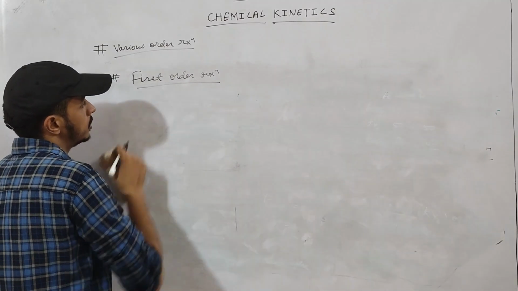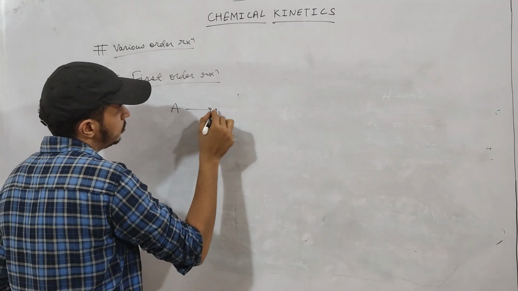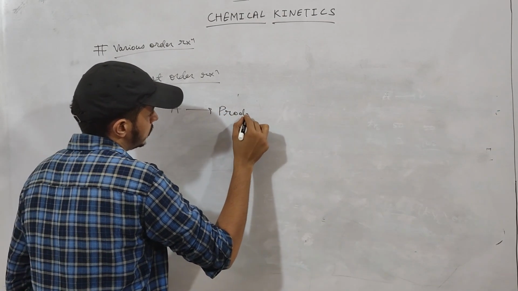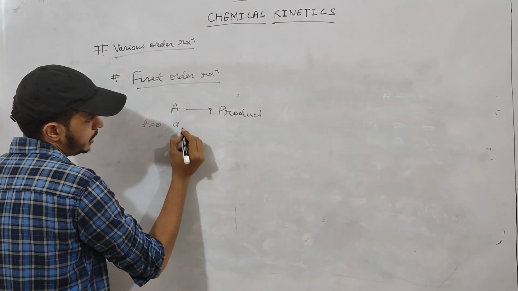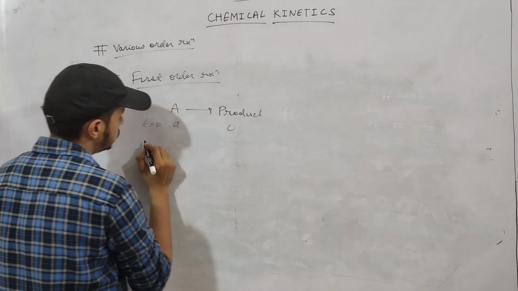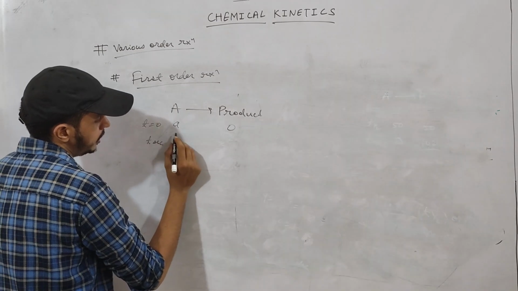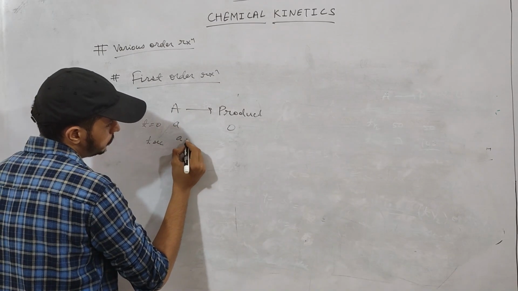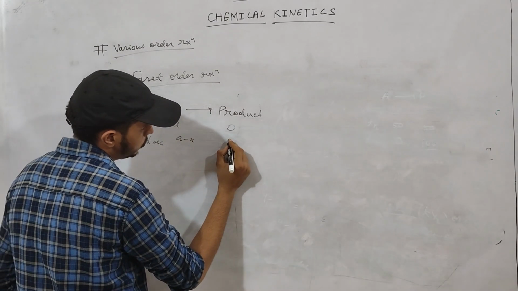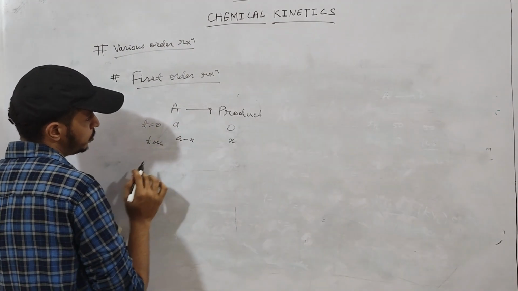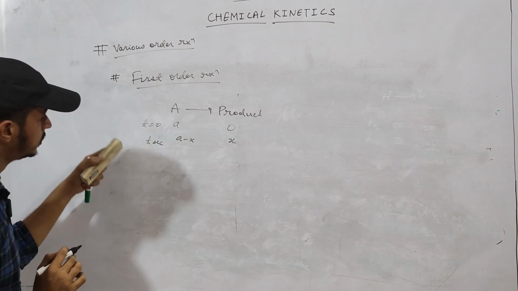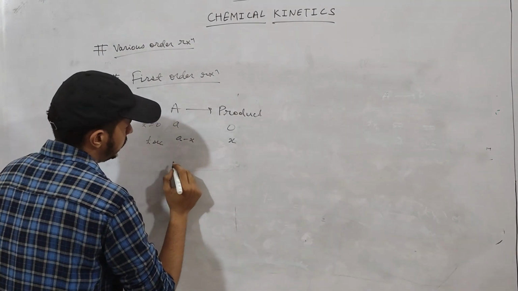Simple. A is converting into product. At time t equals 0, it is A and product is not formed, so it is 0. At t seconds, A becomes a little lesser, A minus x, and product will form x. So now what will be further? In the first order reaction, rate of reaction depends upon the concentration of reactant.